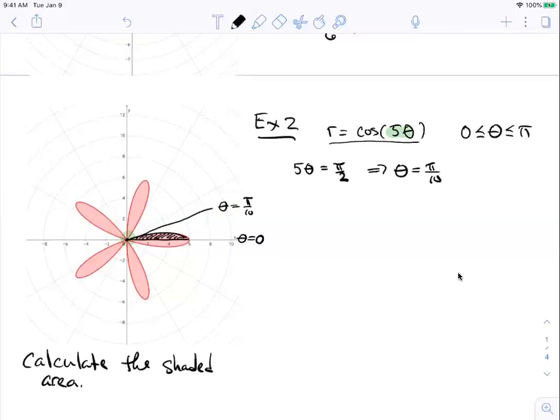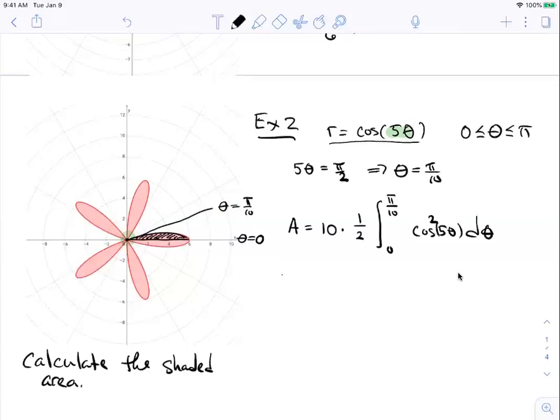All right. So to set this integral up, how are we going to calculate the area? Remember, we wanted the area inside the shaded region. So I'm going to take 10 times that little black thing that I shaded there. That shaded region would be the integral from 0 to pi over 10, which is what we just worked out, of one half times my radius, cosine of 5 theta, squared, d theta.